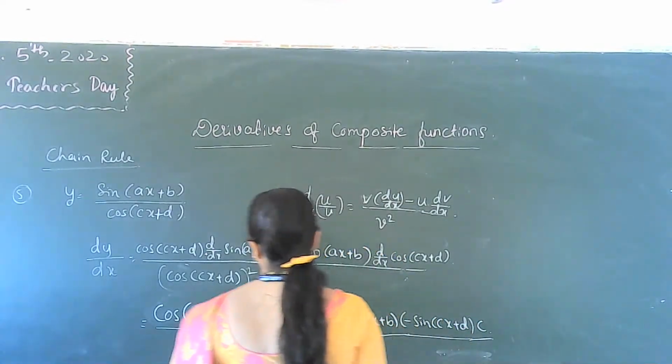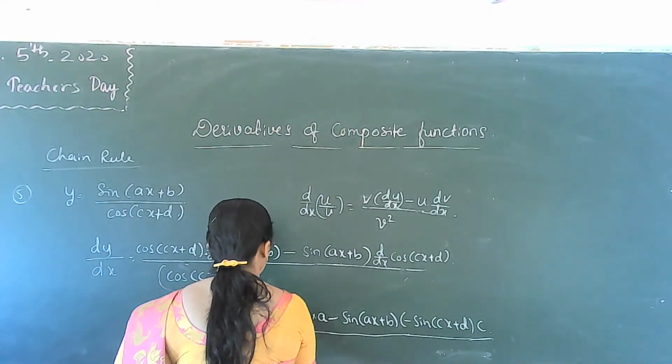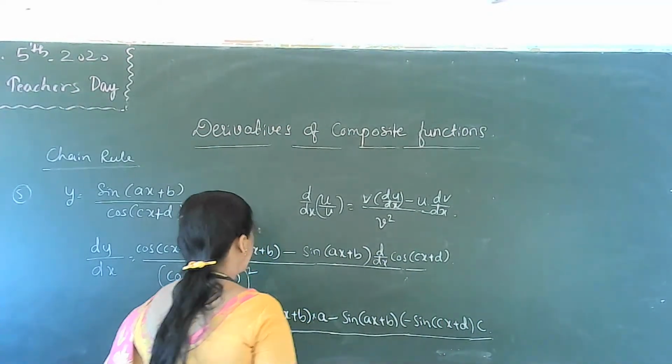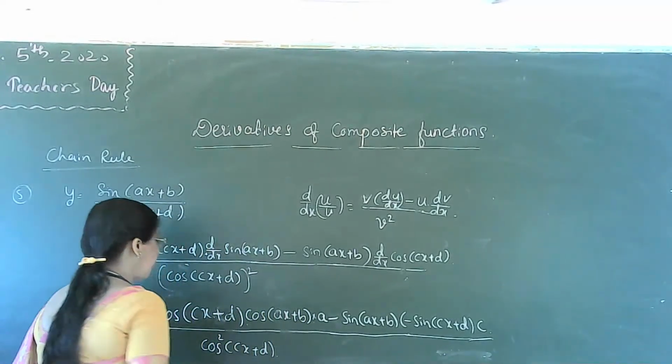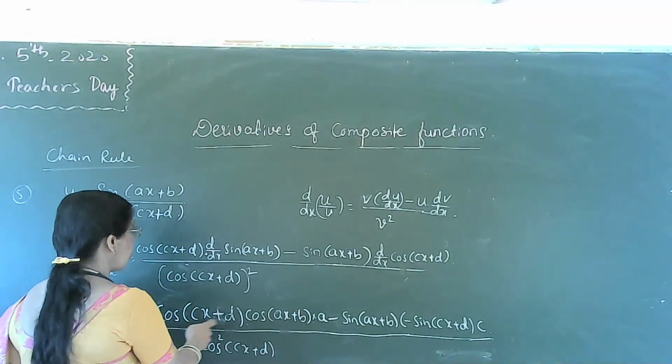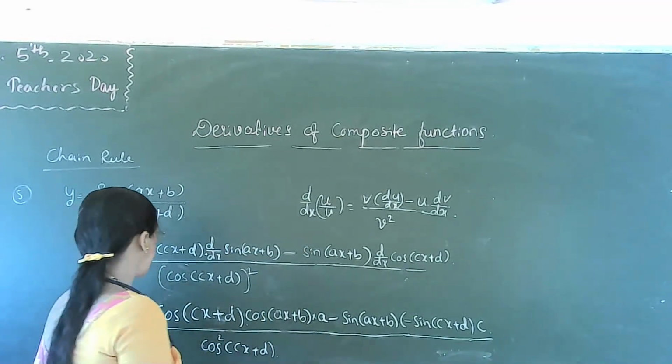Therefore we get the derivative of the function. The derivative of the function is cos of cx plus d. Here also cos of cx plus d gets cancelled.